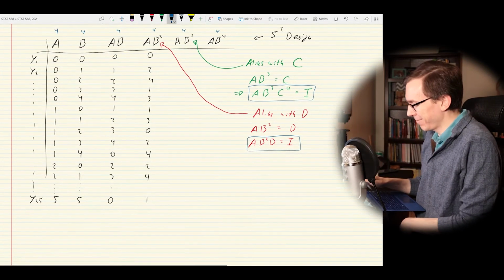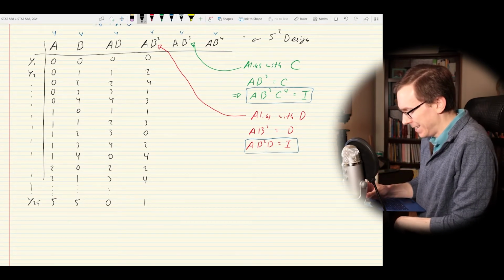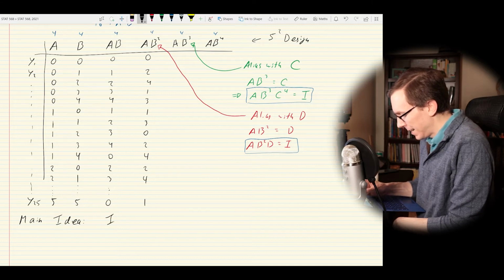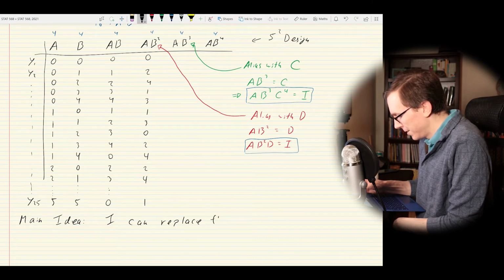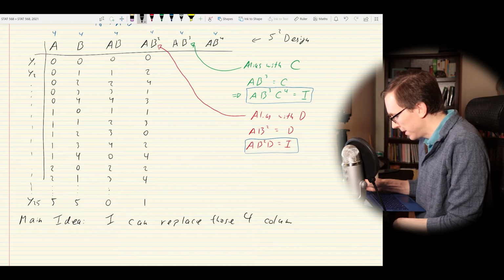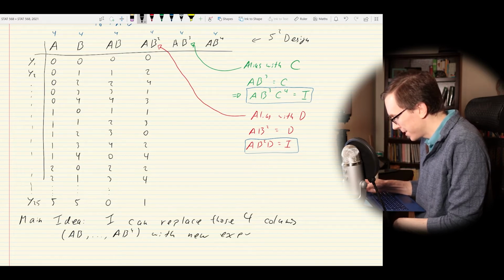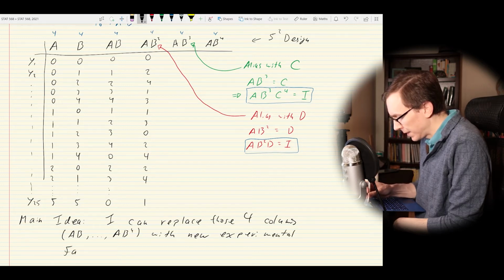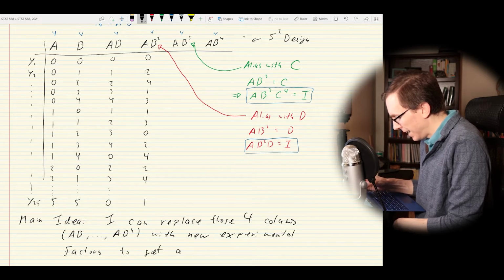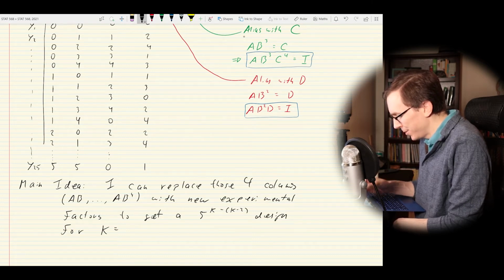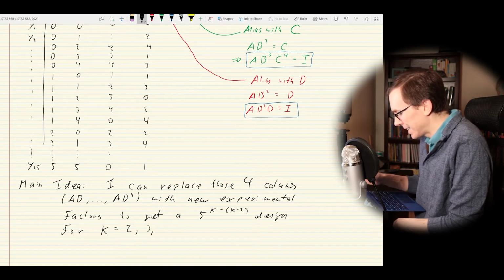The main idea, because I can meander through this forever, is simply that I can replace those 4 columns, being AB through AB to the 4th, with new experimental factors to get, I guess, a 5 to the k minus 2 design for k equal to, in this case, 2, 3, I guess up to what?